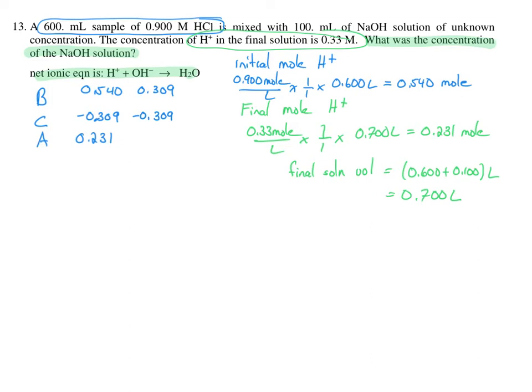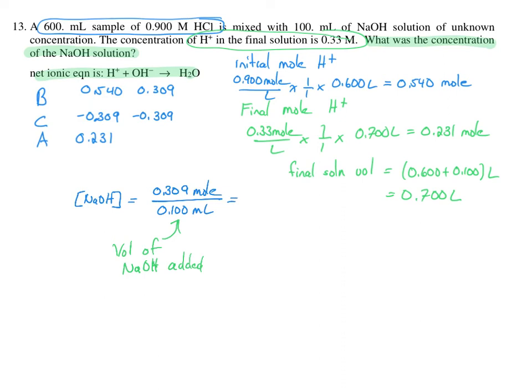So now we can calculate the concentration of the hydroxide we added as being 0.309 moles in 0.100 milliliters, because this is the volume of the NaOH that was added.